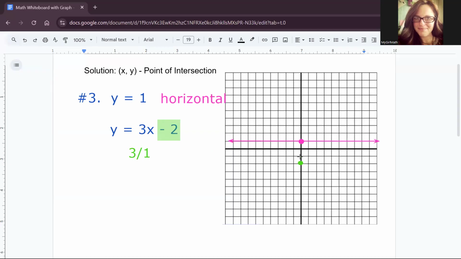So we'll rise up and run to the right 1. And there is our second line. And we can see the point of intersection, the point where they cross, our solution, 1, 1.